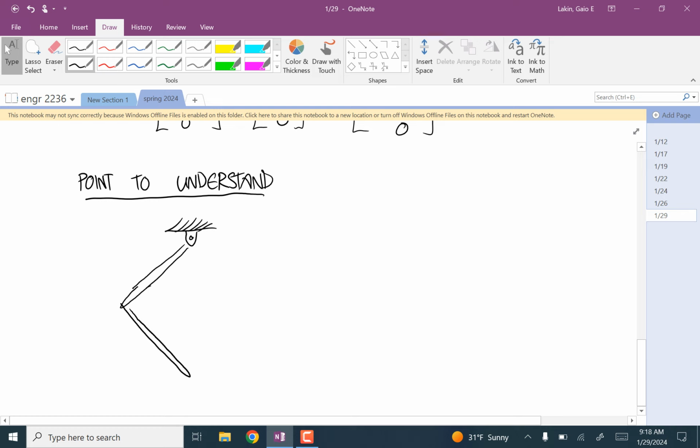Let's say we have these two things, and they're free to swing relative to each other. And let's say we have an angular velocity of 10 radians per second and an angular acceleration here of 20 radians per second squared.